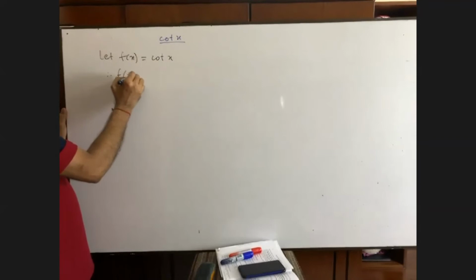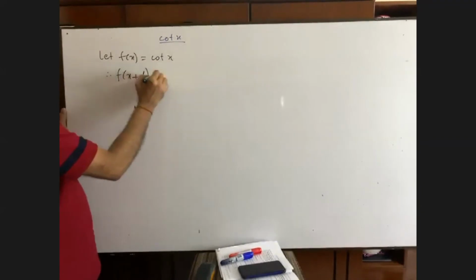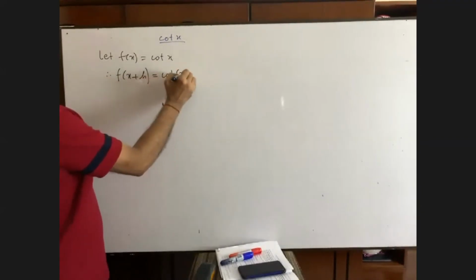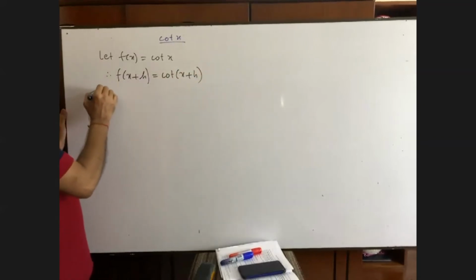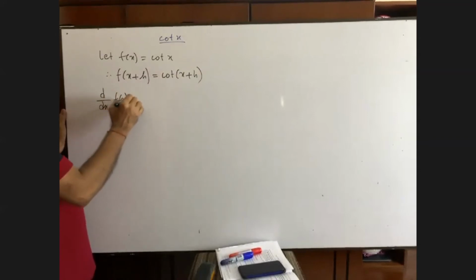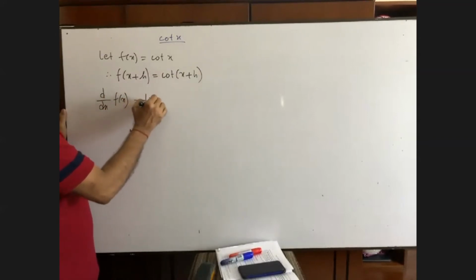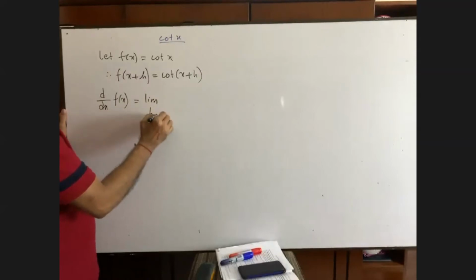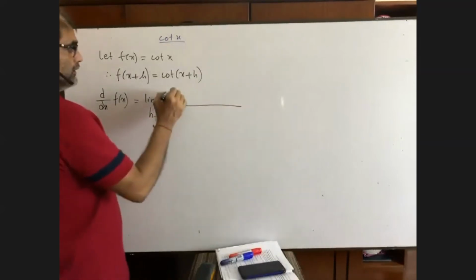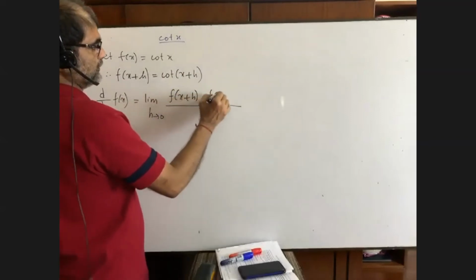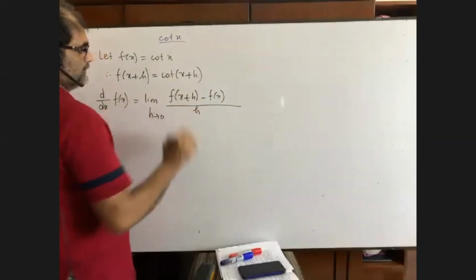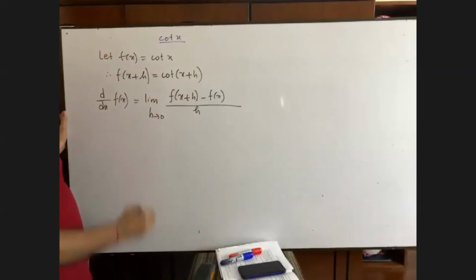Therefore, f of x plus h is equal to cot of x plus h. We know d by dx of f of x is equal to limit h tends to 0 of f of x plus h minus f of x by h. Now put the value here.